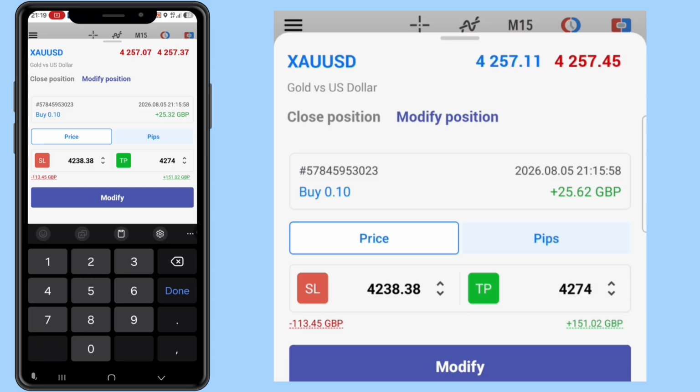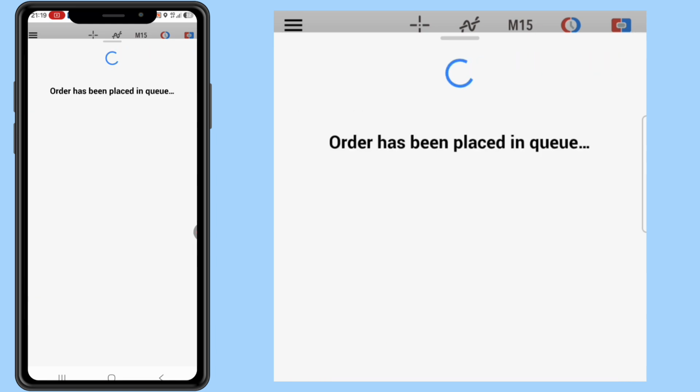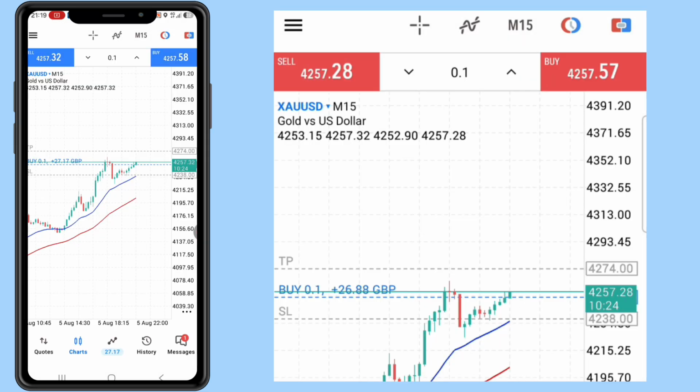And also, if you have a specific target of a stop loss, you can come here and edit the price, of course, to your favorite. And then after that, you then click modify. So after that, that means you have confirmed that trade. Okay, you have now set your take profit.